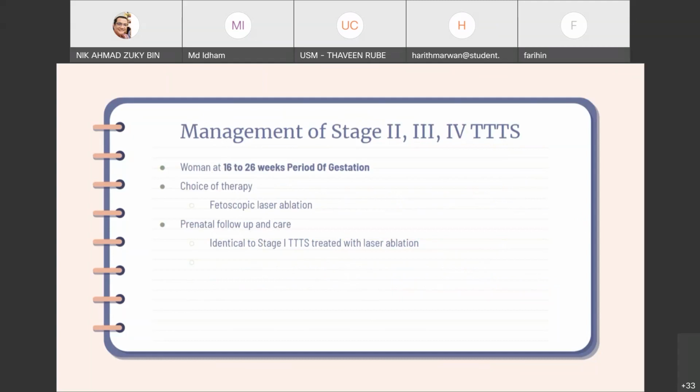The follow-up and care will be similar to stage 1 twin-to-twin transfusion syndrome treated with laser ablation, which I explained earlier. If the mother comes at more than 26 weeks period of gestation, the choice of therapy will include amnioreduction, and the prenatal follow-up and care will be identical to stage 1 twin-to-twin transfusion syndrome with amnioreduction.